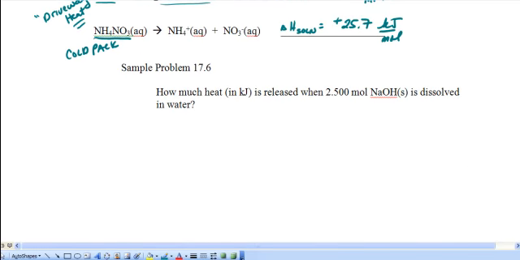But let's go ahead and try a problem, which is going to be the exact same type of problem as all of the other changes of state. How much heat in kilojoules is released when 2.5 moles of sodium hydroxide is dissolved in water? So we take our 2.500 moles of sodium hydroxide. We're already in moles, so we're good so far.